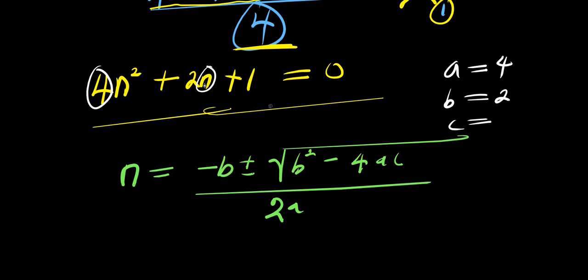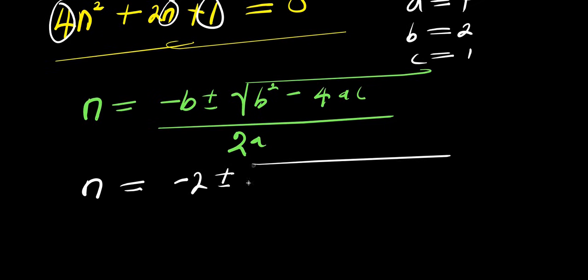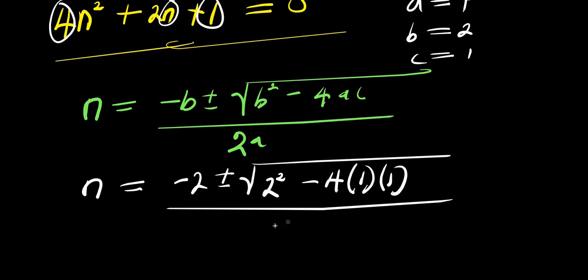And c is the constant here, that is 1. So let's insert them right here. So I'm simply going to have n equals negative b, that is negative 2, plus or minus square root of b squared, that is 2 power 2, minus 4 times a times c, that is 1, divided by 2 times a.